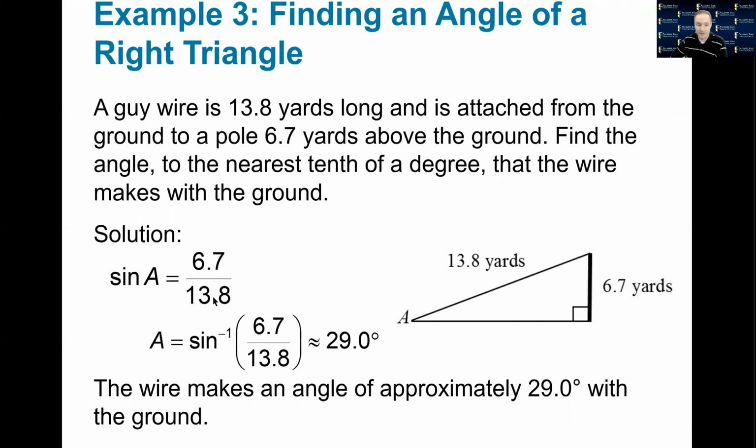In order to find that, I'll go to my calculator: inverse sine of 6.7 over 13.8. Please make sure you're in degree mode. If you do, you're going to get that A is 29.0 degrees. Again, we round to a tenth of a decimal place. So A is approximately 29.0 degrees with the ground.